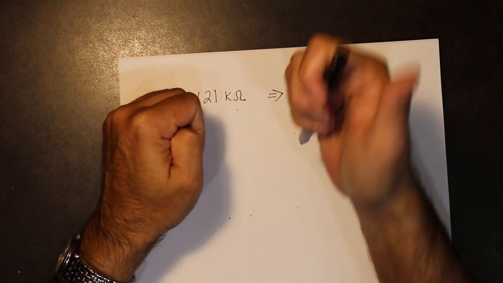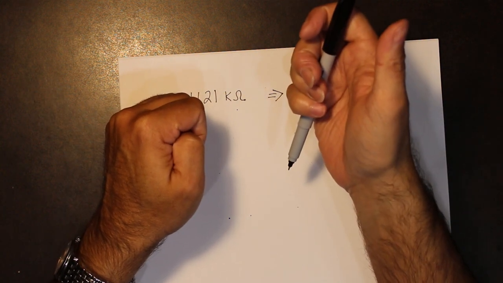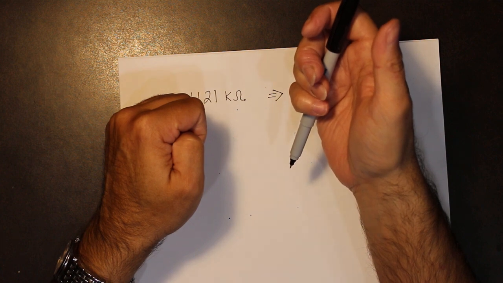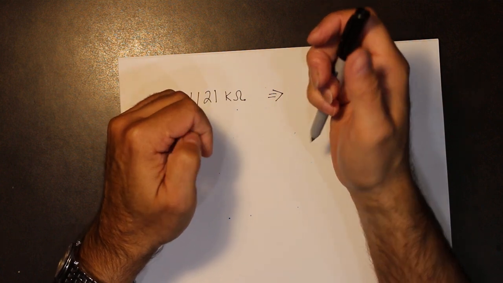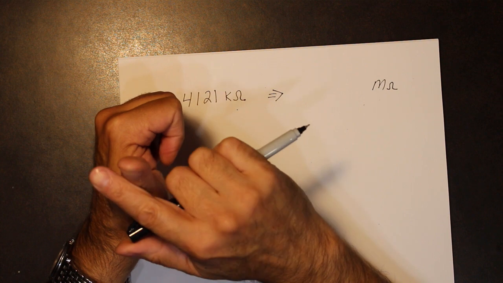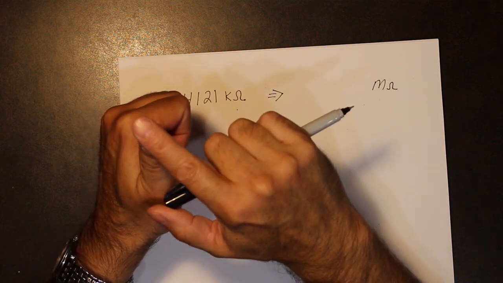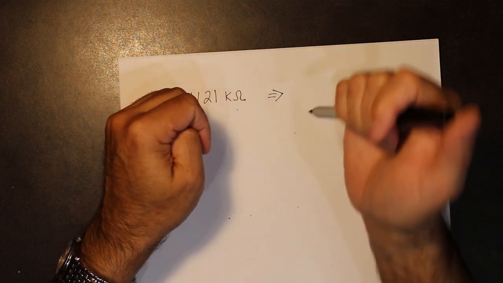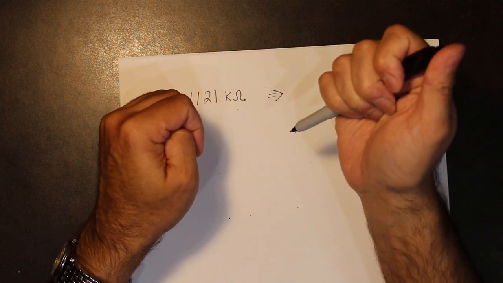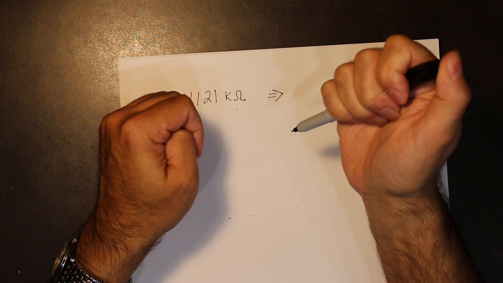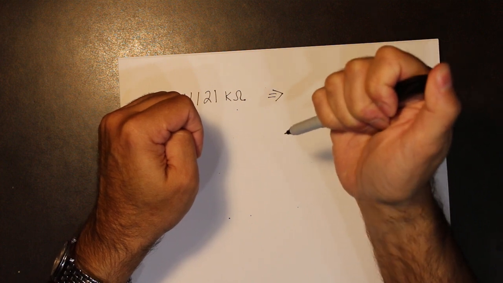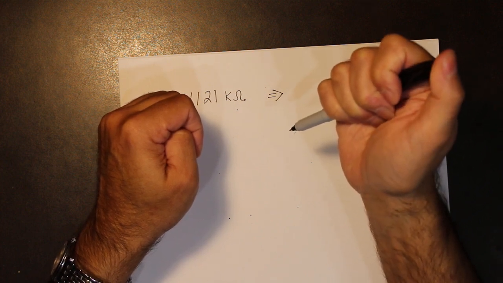Okay, so mega is bigger. So if I had 1 kilo ohm, and mega's value is bigger, I would have a value of less than 1 mega ohm.